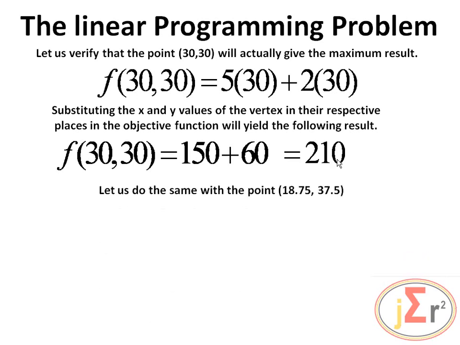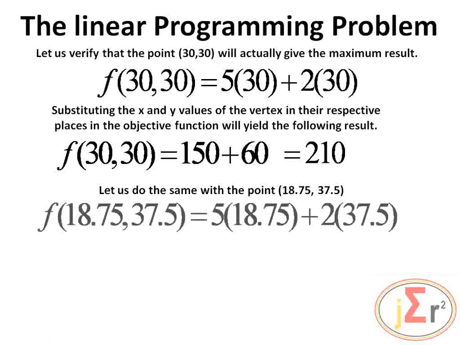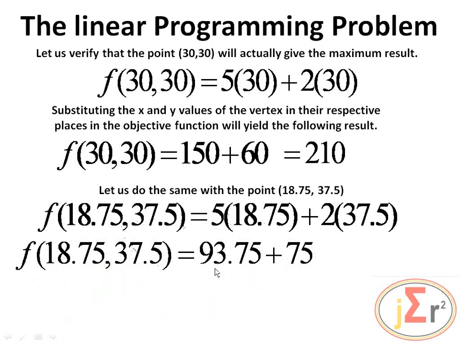So let us do the same with the vertex (18.75, 37.5), with 37.5 as the y ordinate, and let's see what happens. The value turns out to be 168.75, which is actually smaller than the one that we have here.